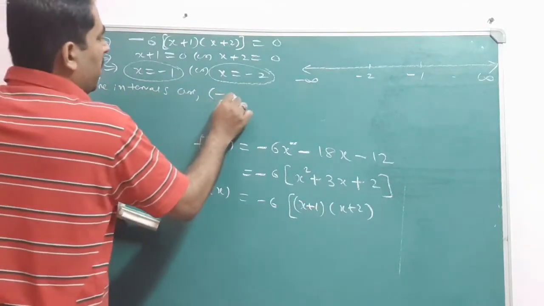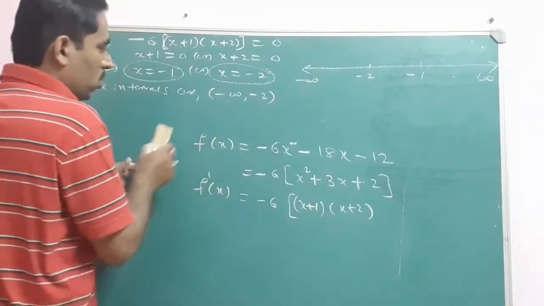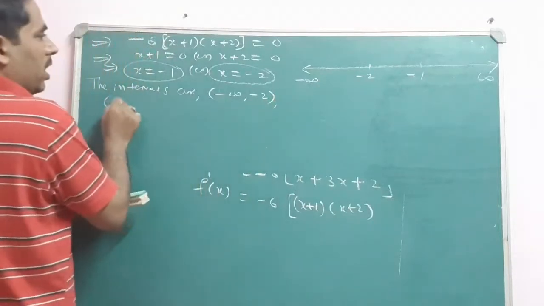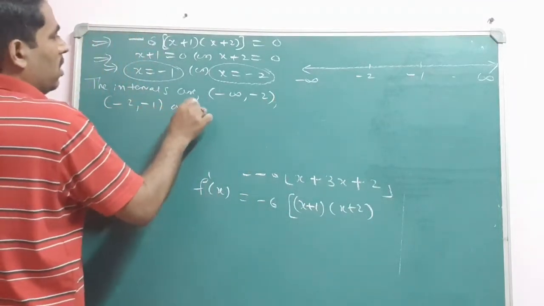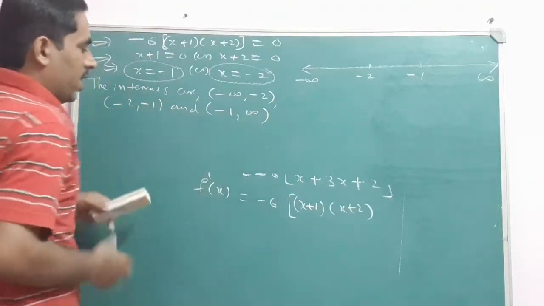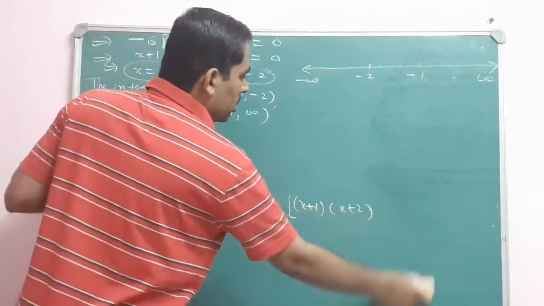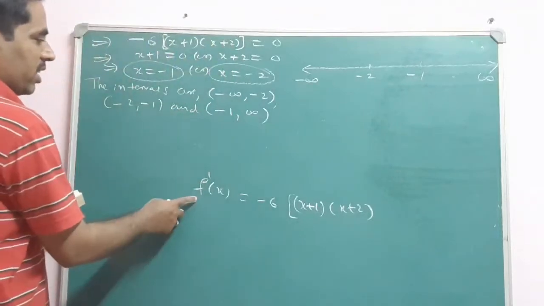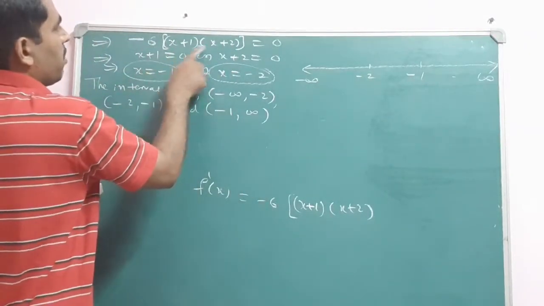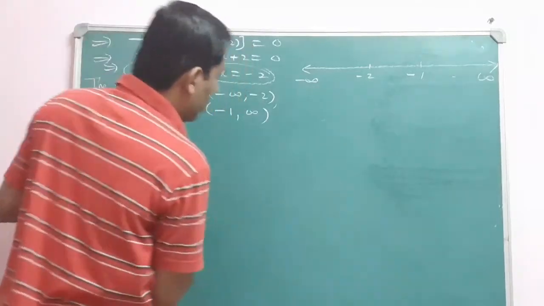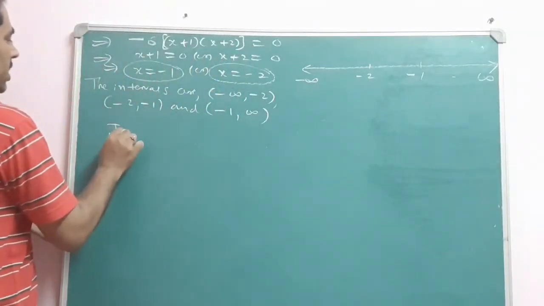The intervals are minus infinity to minus 2, which is the first interval, then minus 2 to minus 1, and minus 1 to infinity. In these intervals we have to decide the sign of the derivative. F dash x is minus 6 into x plus 1 into x plus 2. We have to decide the sign of this derivative. So let me write these intervals.